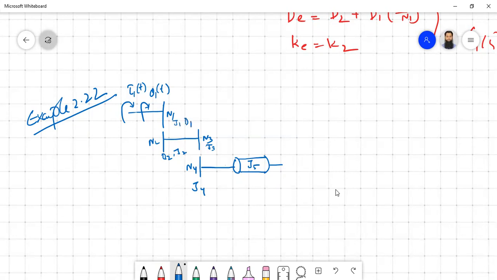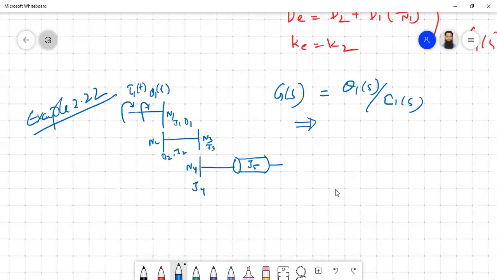What they want us to find is the equivalent diagram of this one, and then theta 1(s) by tau 1(s), which is your G(s). This is what you have to figure out. It is better to take everything to the primary side, because the ratio between the torque and the angular displacement is what we need.